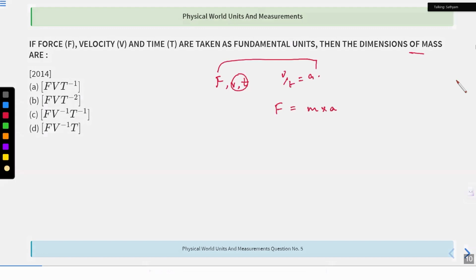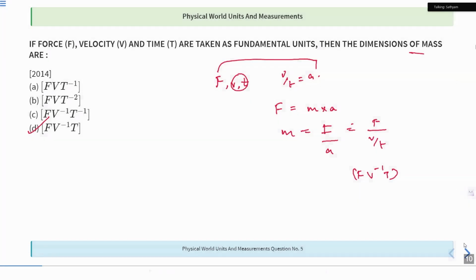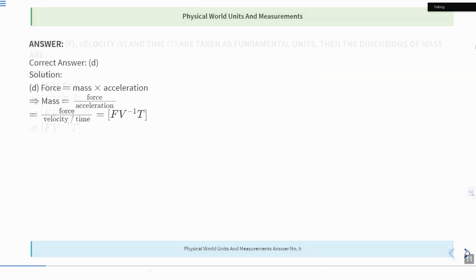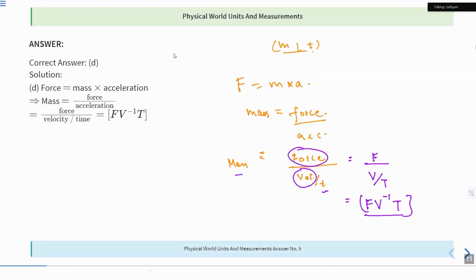Over here, mass is equal to force by acceleration, which is force upon velocity by time. And now F V minus 1 T. That's all. I hope this is clear. F V minus 1 T, Option D. Okay. So mostly the things should be clear over here, right? Yeah. So this is what I have explained.